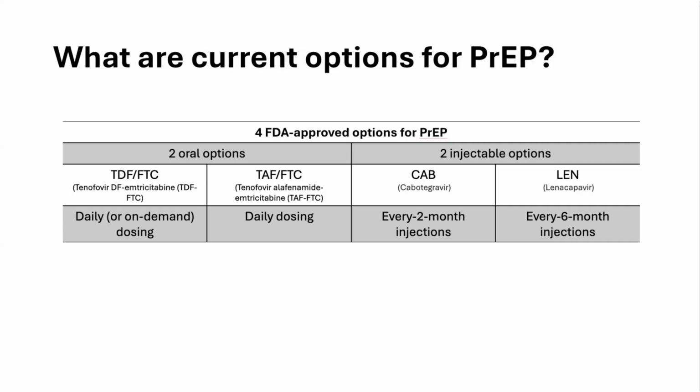So, for example, cabotegravir doesn't have to be given exactly every 2 months. There's plus or minus 1 week around that date. And then for lenacapavir, there is plus or minus 2 weeks around the due date. And so essentially someone has a month-long window in which they can get to a clinic to get their subsequent injection.